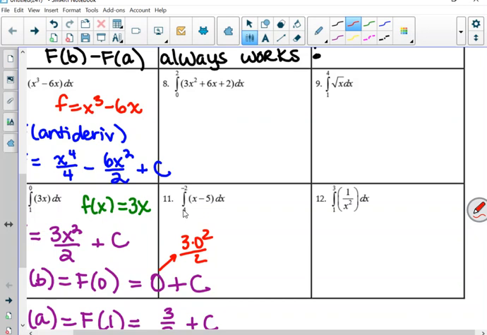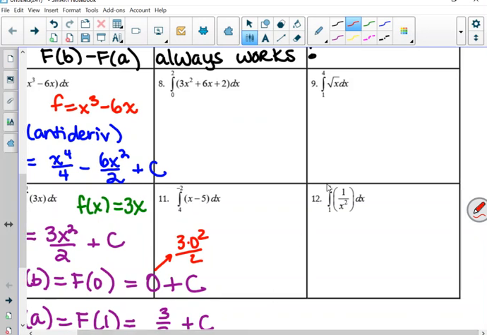Big F of negative 2 minus big F of 4 will give you the correct answer. When you do number 9, little f is x to the 1/2. When you do number 12, little f is x to the negative 2.